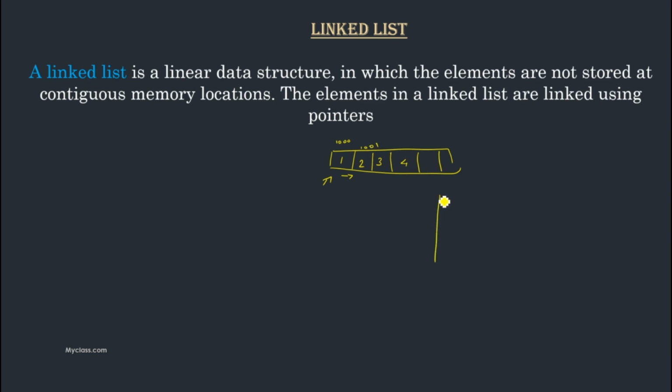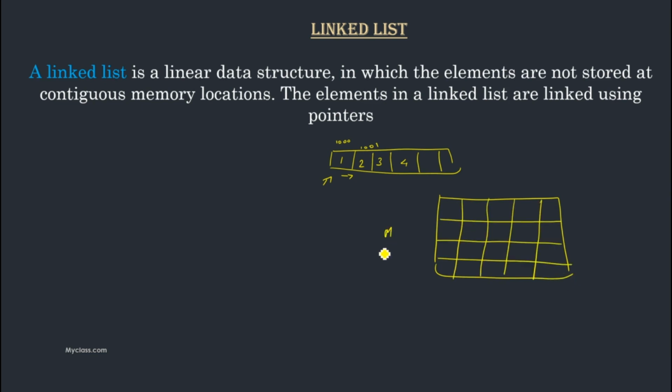But when we go to a linked list, let's consider this is our computer memory. If we are talking about an array, the array's elements should be in, say, 4 contiguous locations. But in a linked list, the elements are not in contiguous memory locations.